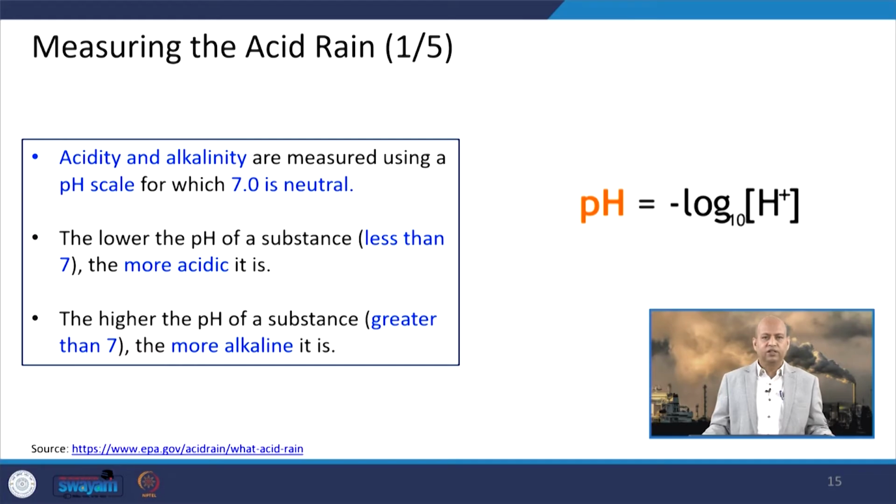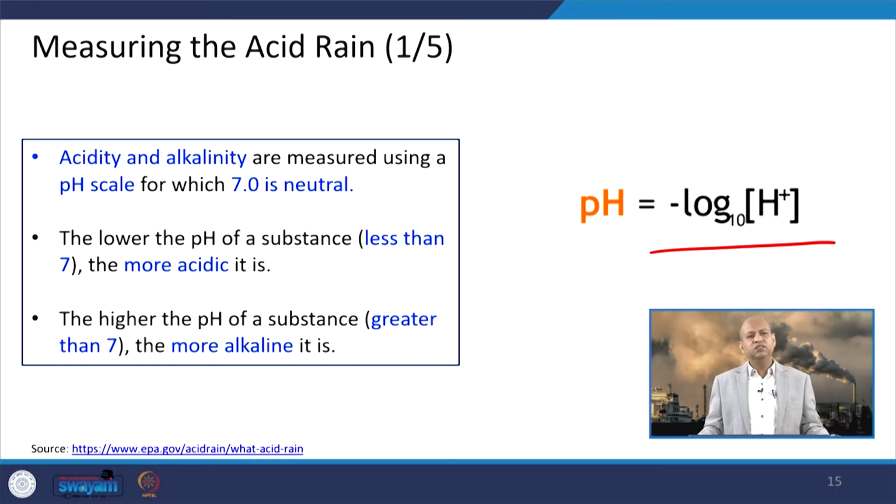When we talk about measuring acid rain, the phenomenon of pH is important. The pH is on a log scale of the H+ ion concentration, how much is present in the solution. So, that is the basic pH. Okay? pH is the indicator of those H+ or hydrogen ions present in the solution.